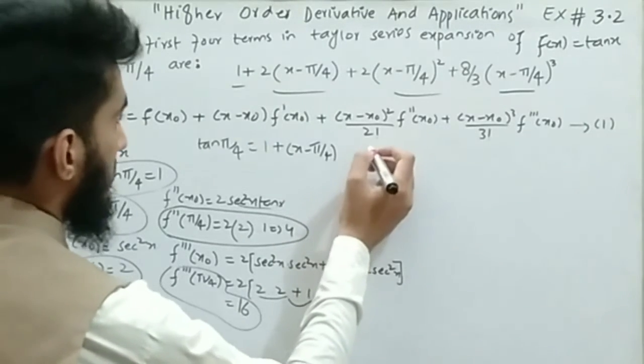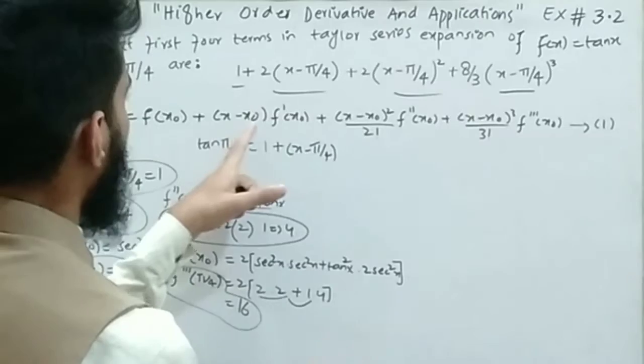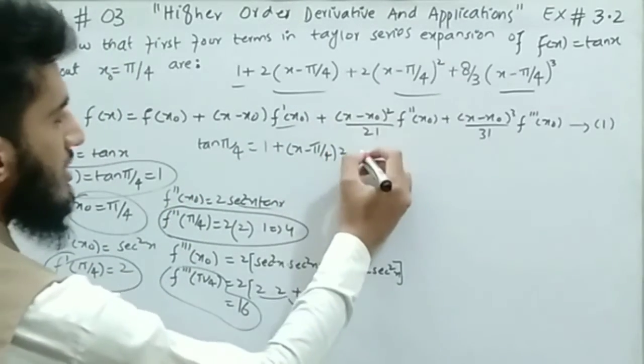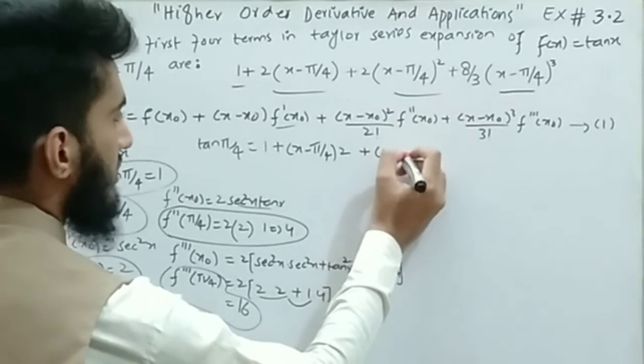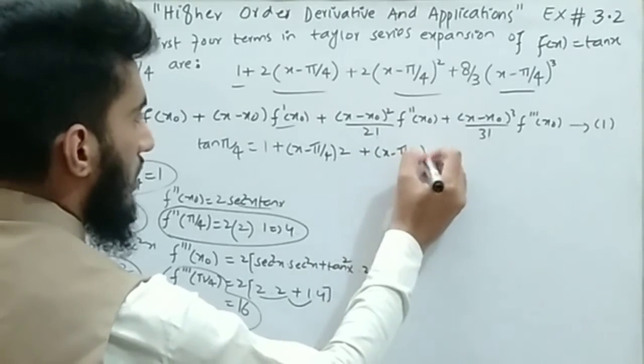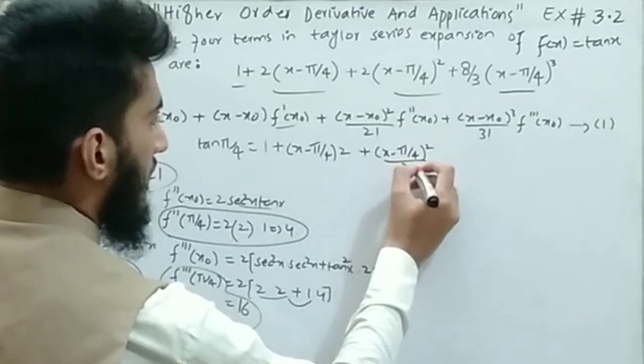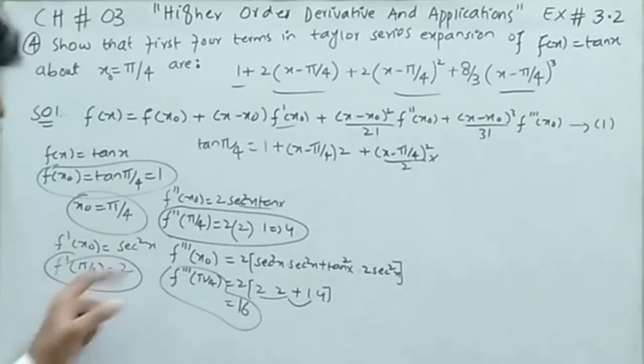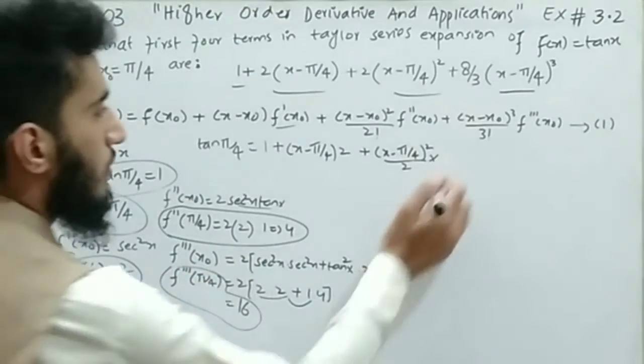So it will give us x minus x naught times 2, plus x minus x naught whole square, where x naught is pi by 4, divided by 2 factorial. 2 factorial is equal to 2. Multiply f double prime of x naught, which gives us a value 4.